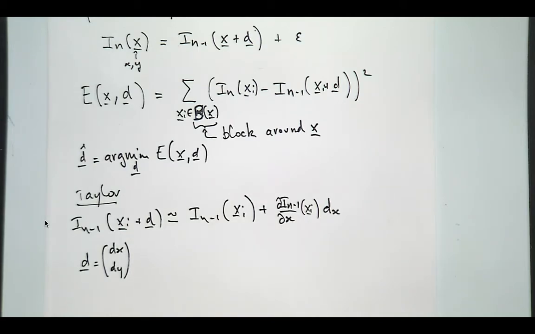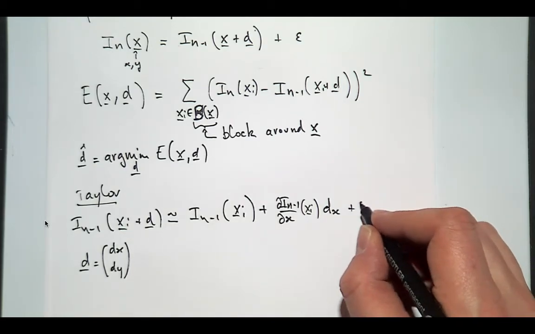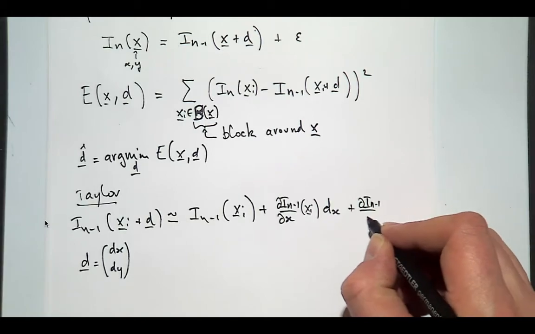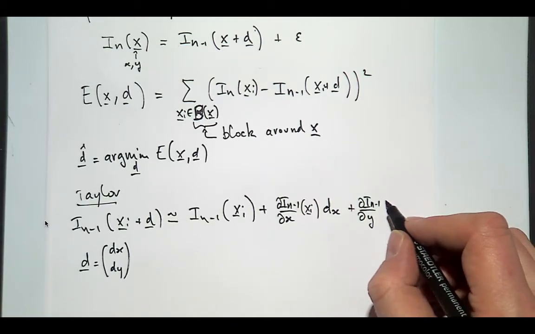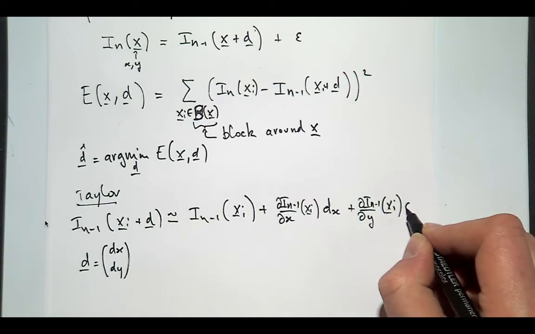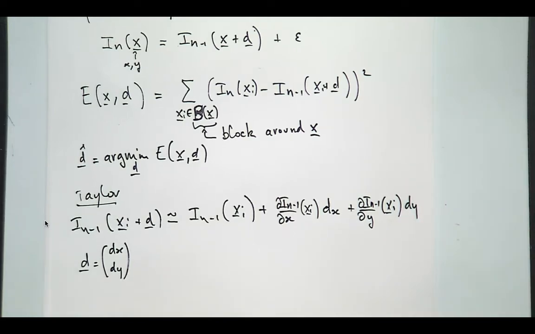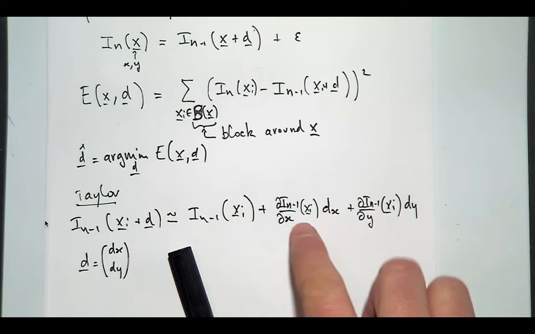Remember D is a vector, so you have these strange notations. But basically what I'm saying here is that the intensity at pixel coordinate xi plus d, if d is sufficiently small, is the same as at pixel location xi, and I add a bit in both directions.